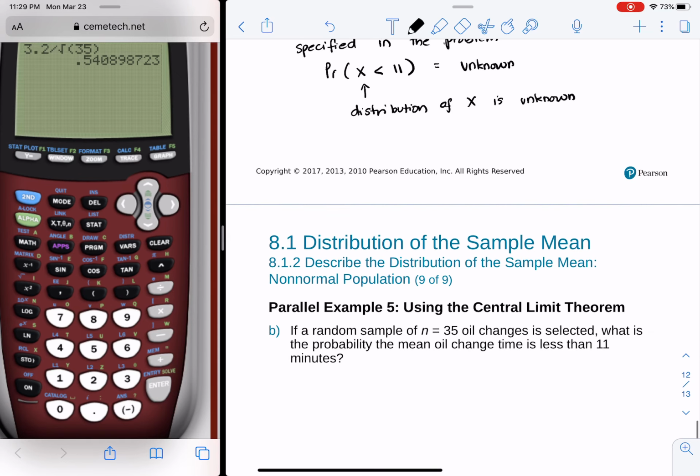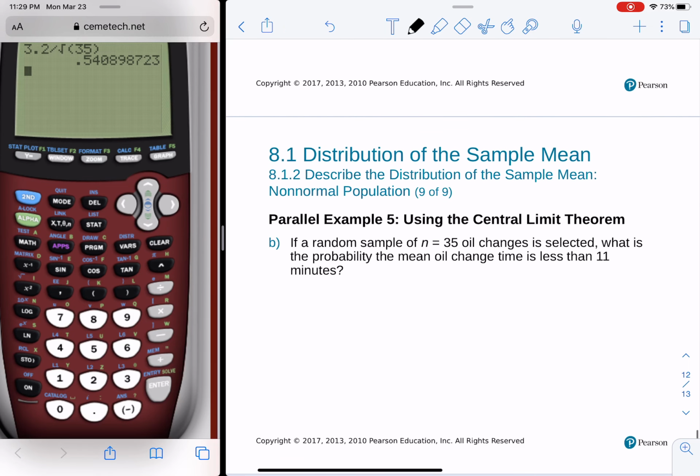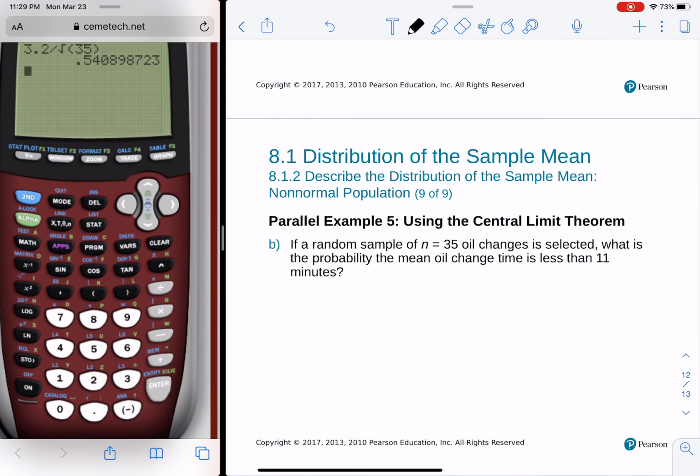However, when we change the question a bit and when we say we have n equals 35 oil changes and we want to find the probability that the mean oil change time is less than 11 minutes.